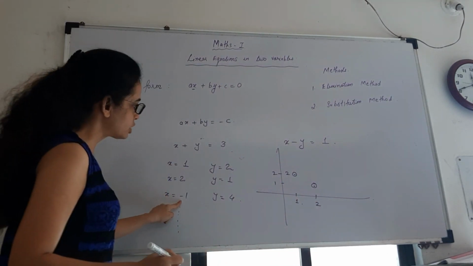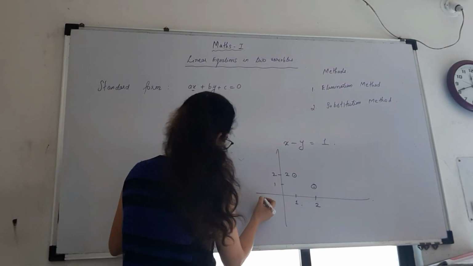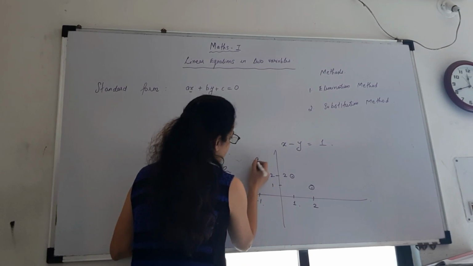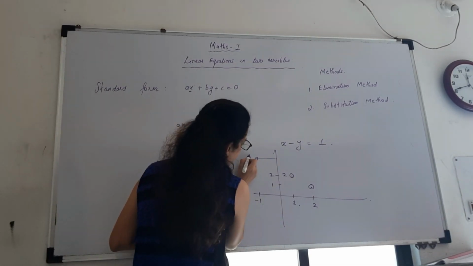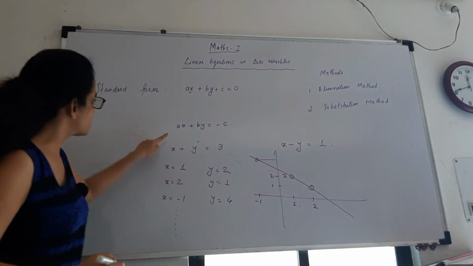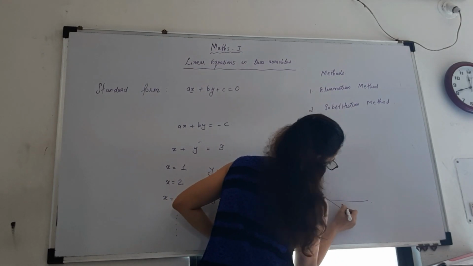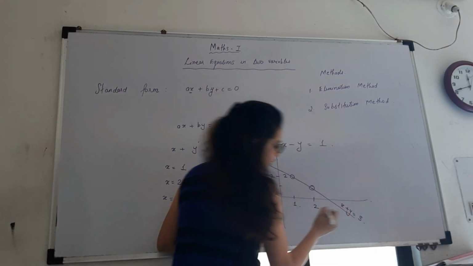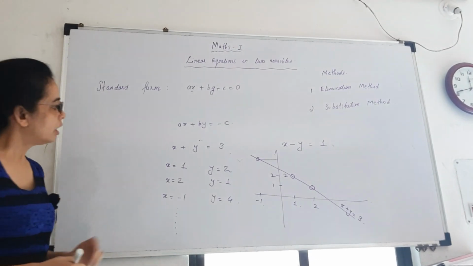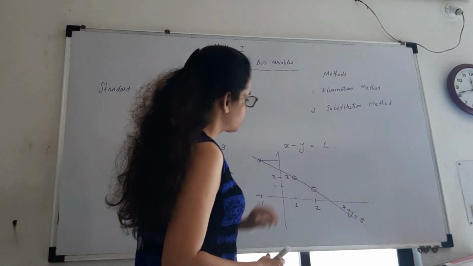Then x is minus 1, when x is minus 1, y is 4. So if I draw a graphical representation of this one, this is going to be the equation x plus y is equal to 3. So a linear equation can be represented on a graph this way.